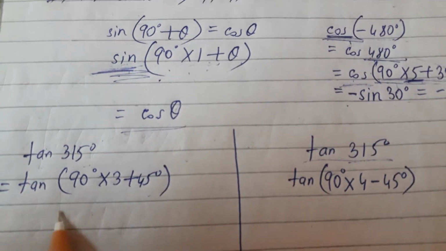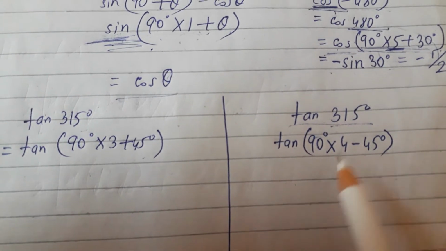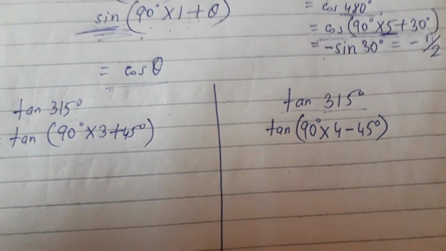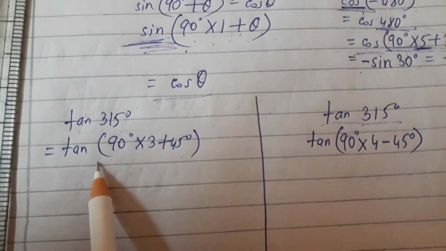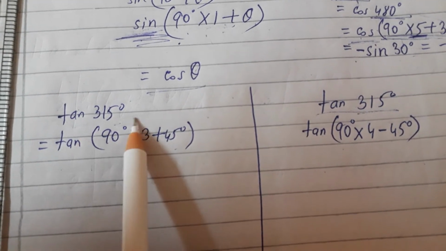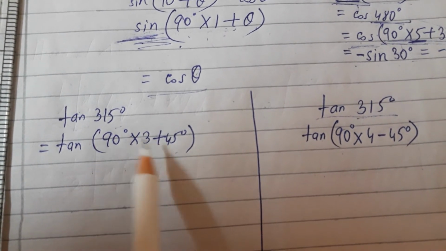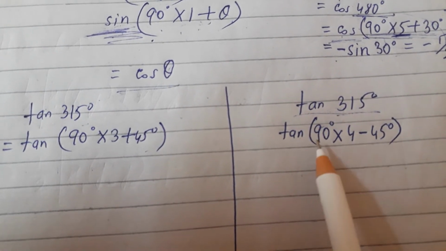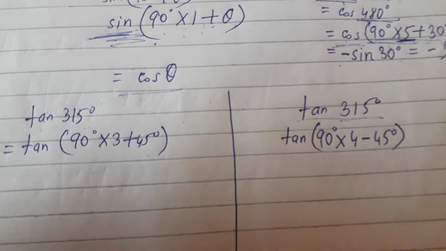So you can define it in both ways. You can go for any method, it's your choice, but I am showing you both the ways so that it will be very clear to you. You can expand 315 degree as 90 into 3 plus 45, or as 90 into 4 minus 45. The calculation will be same.